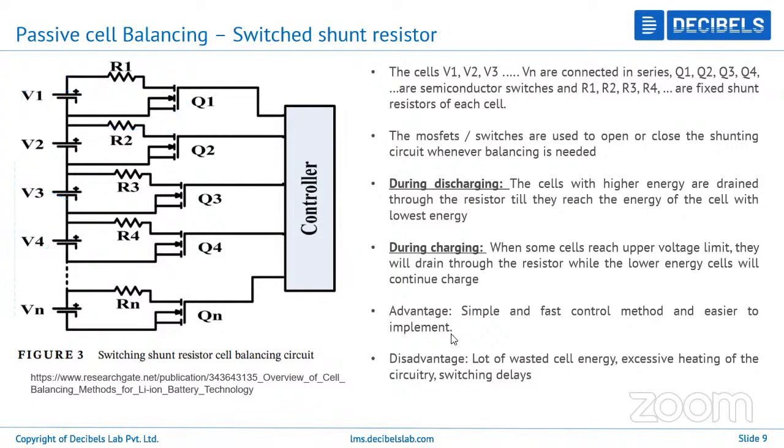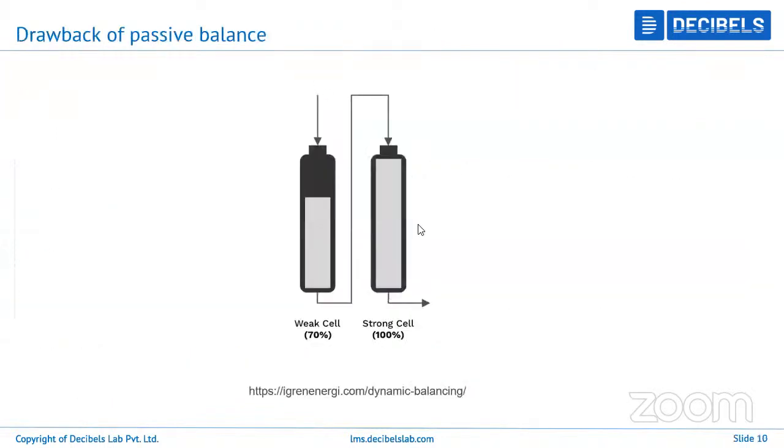So this is passive balancing with switched shunt resistor. You can see an animation over here of how exactly the charging is limited because one of the cells has reached the upper limit, right?